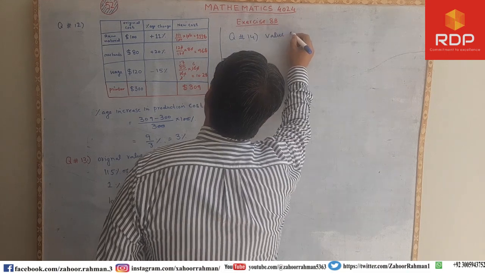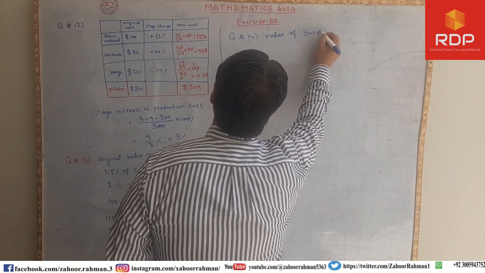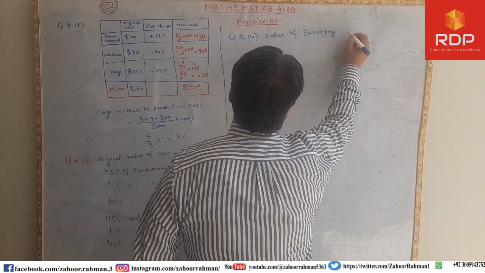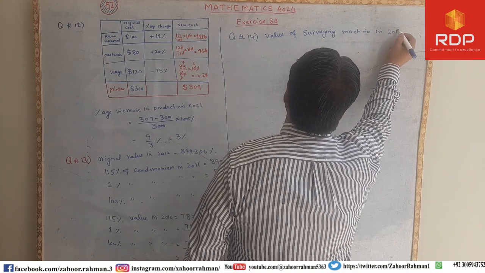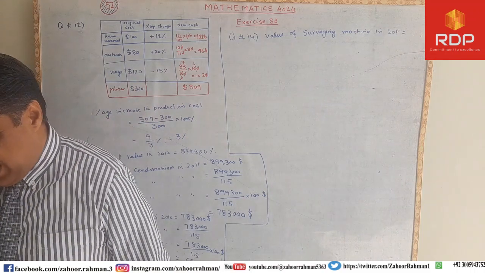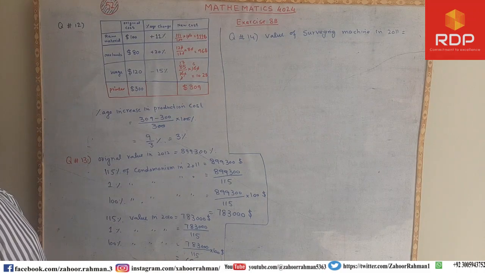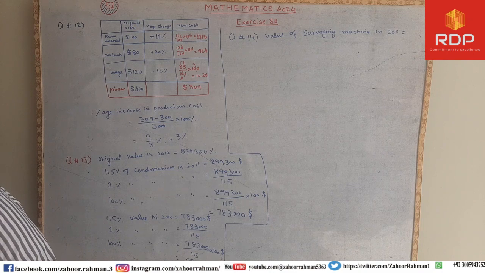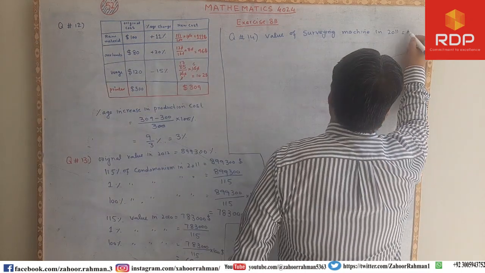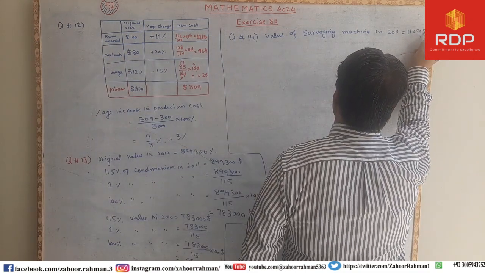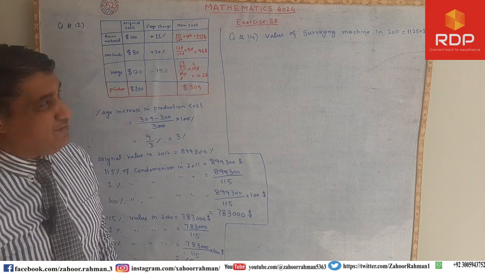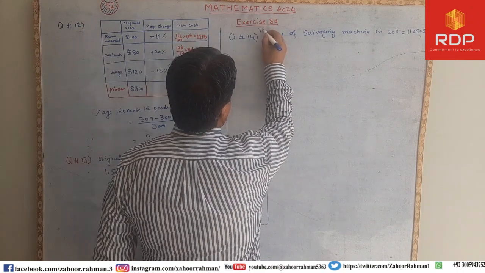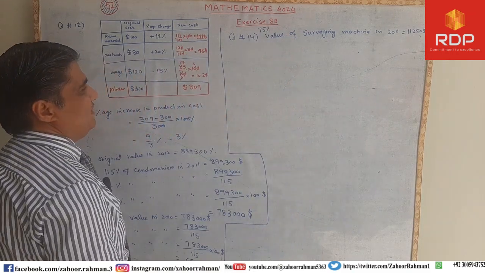The value of the sewing machine in 2011 is given as $11,250, and that is 75% value of the sewing machine.